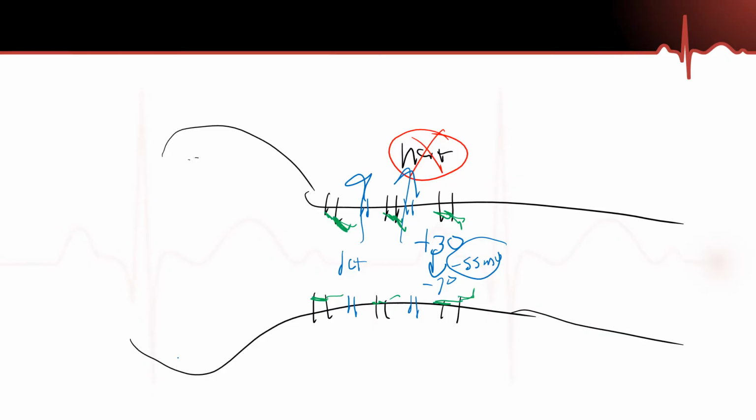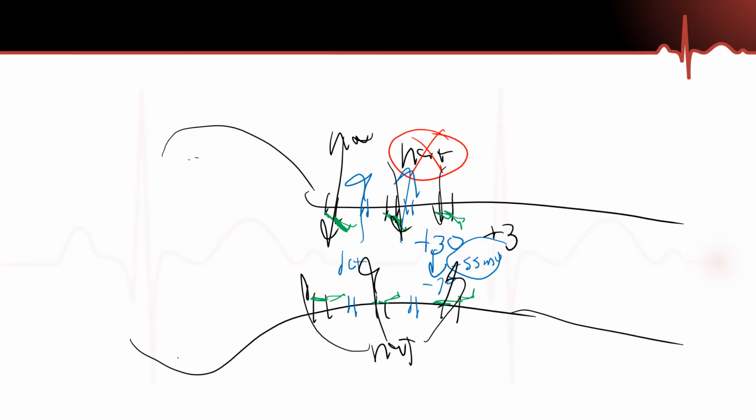And what would happen? Sodium would shoot in, and immediately the hillock would start depolarizing again from negative 55 back towards positive 30. It would be a disaster. It would just be an endless, repetitive loop of action potentials that would never cease. It would just keep happening over and over again.